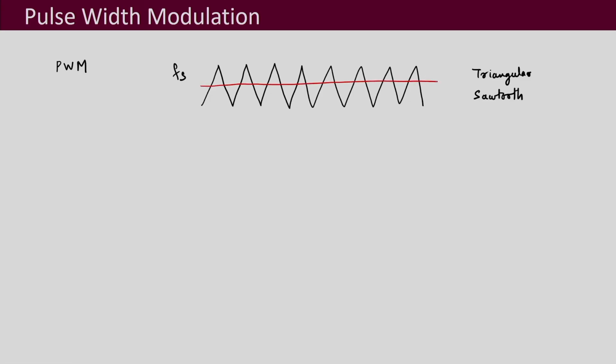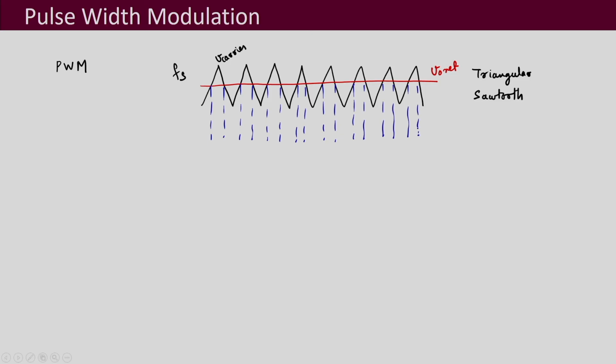Now, let us say this is your reference, you can call it VO ref, and we can call this V carrier, and then these are compared. So, this is how you compare it. And we may use a logic that whenever this VO ref is greater than V carrier, at that time the gate pulse will be high.